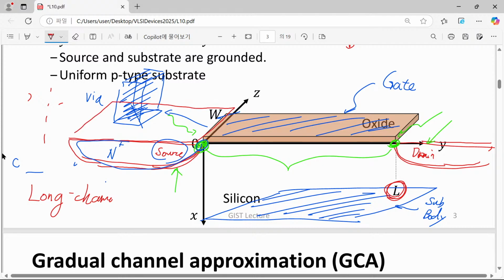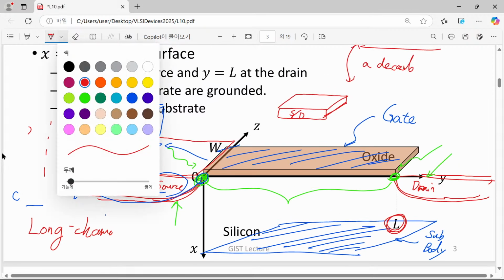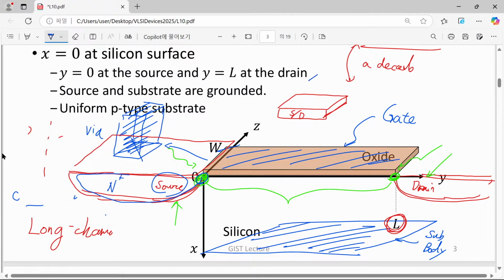Let me draw once again. There is a box called source or drain. This is a highly doped silicon box, and on top of it we have another metal pillar attached to this system. We call it a via, and of course we have another metal line running horizontally.